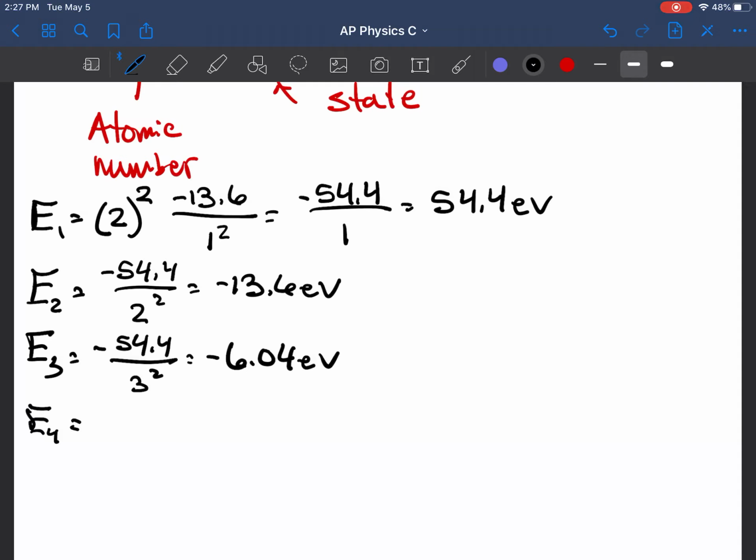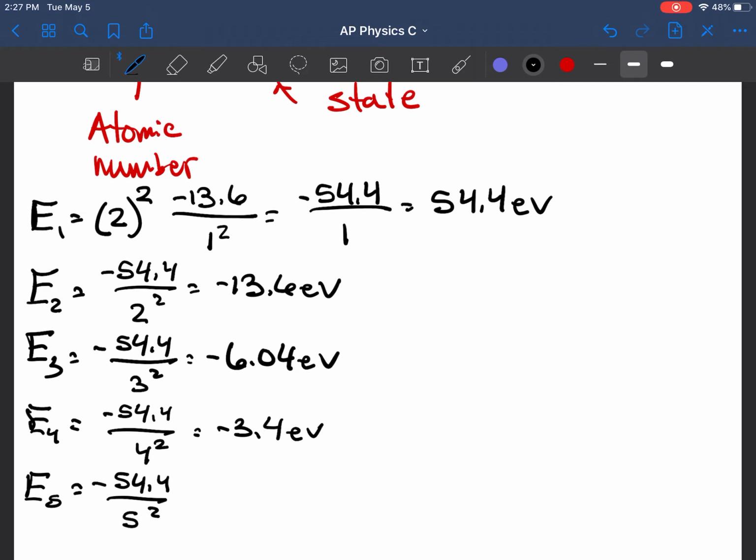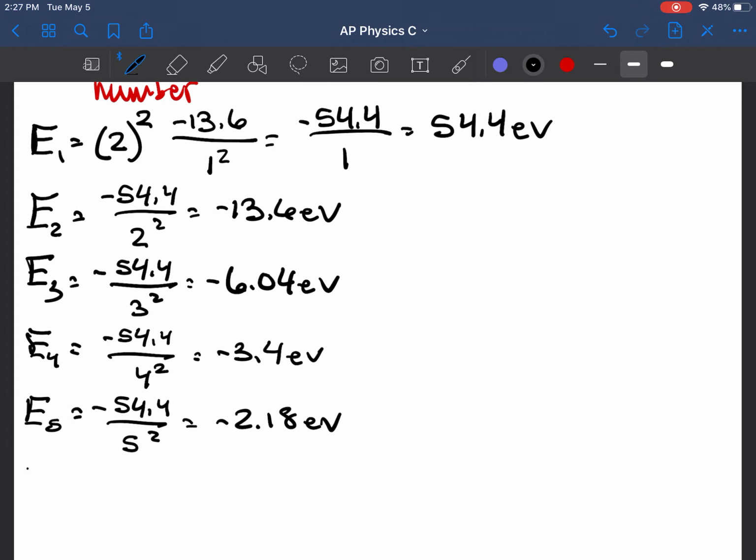Doing it again, E4 is negative 54.4 over 4 squared, so over 16. So you get negative 3.4 eV. Halfway done here. Now E5 is over 25, negative 2.18 eV.